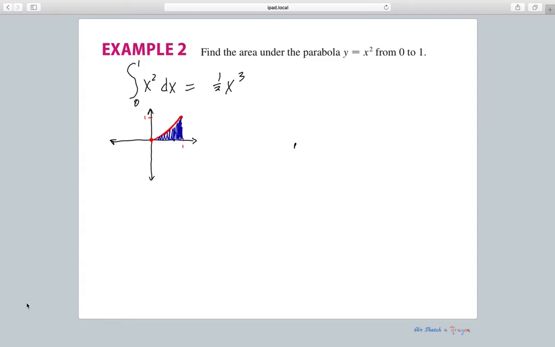And then I'm going to indicate here, all right, I've taken my antiderivative, I haven't plugged in my limits yet, and now I'm ready to plug in my limits. So 1/3 times 1 cubed minus 1/3 times 0 cubed. That's going to be 1/3 minus 0, so just a third.